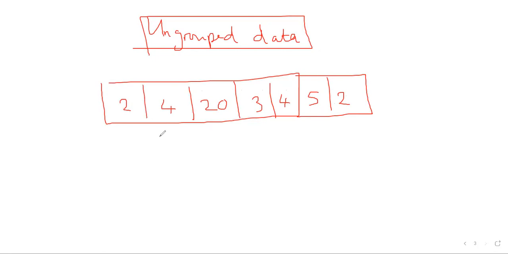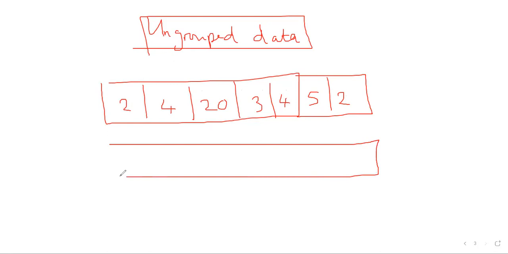So the first thing we need to do is to rearrange the data in ascending order. So what is our smallest value there? 2, then 2 again, then 3, 4, 4, 5, and 20. 1, 2, 3, 4, 5, 6, 7.